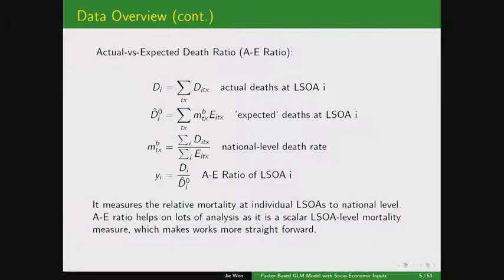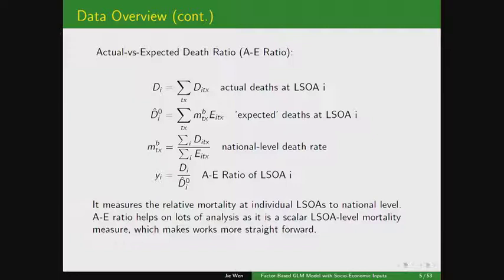That m_bar(t,x) is just equivalent to the national level mortality, which is derived by aggregating all areas together and calculated at each individual year and age. And then Y_i is calculated by D_i divided by D hat 0 i, which is just actual versus expected.